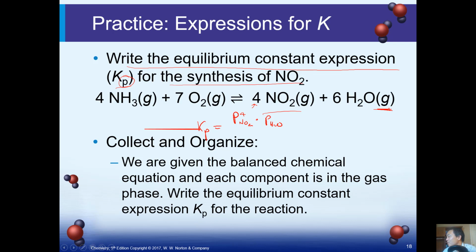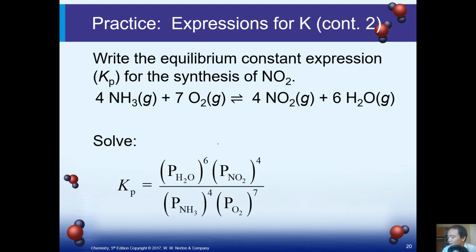Remember, that's gas phase. If it's not gas phase, you're not going to be able to include that. And when we talk about heterogeneous equilibrium constant expression, you will notice that over here everything is expressed in gas phase. The partial pressure of NH3 is raised to 4 as well. Now for oxygen, it's raised to 7. So that's exactly what you expect to see.